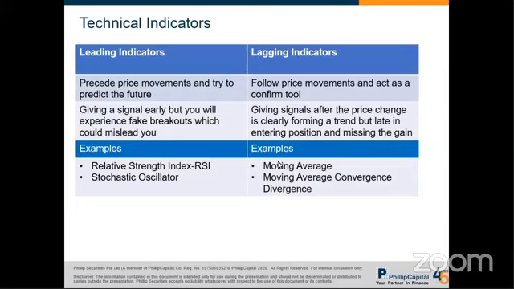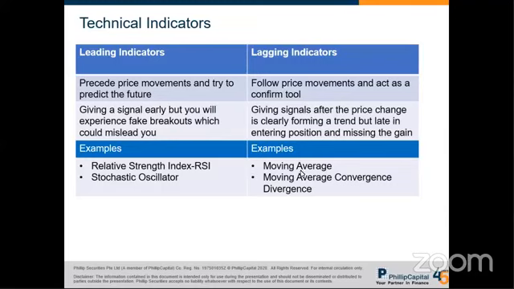Lagging indicators follow the price movement and act as confirmation tools. However, because they need to follow the price movement, when they give out the signal, it is sometimes already very late. Later we can look at some examples of why lagging indicators sometimes give the signal very late, and you might have already missed out on the potential opportunity.